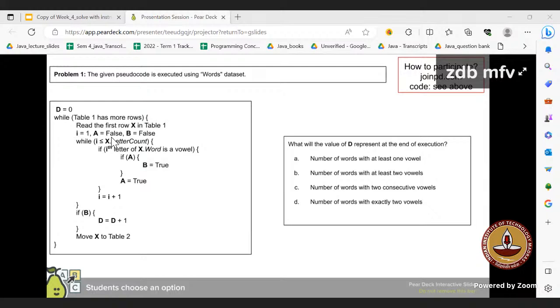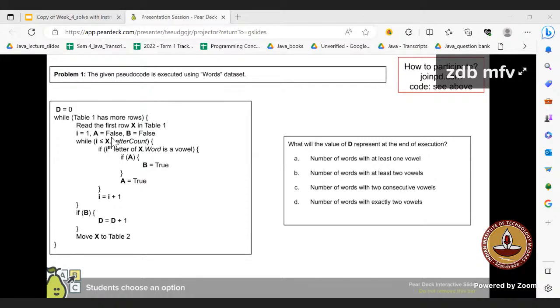No, I'm asking, just tell me this thing: when will the statements inside the if block be executed? When the condition is satisfied.